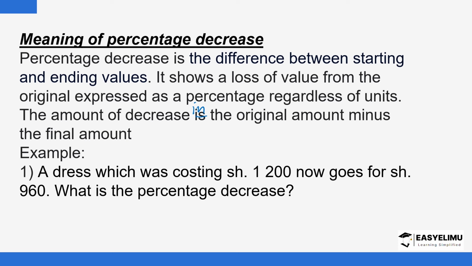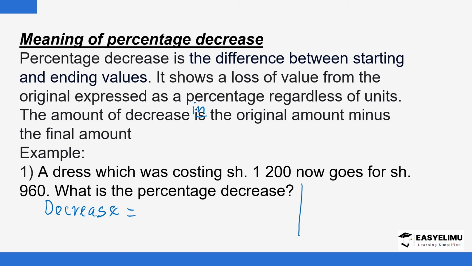So we have our first example here, a dress which was initially costing 1,200 now goes for 960 shillings. So what's the percentage decrease? How do you go about this? First of all, you have to get the difference between the original value and the final one. So we start by finding what the decrease is.